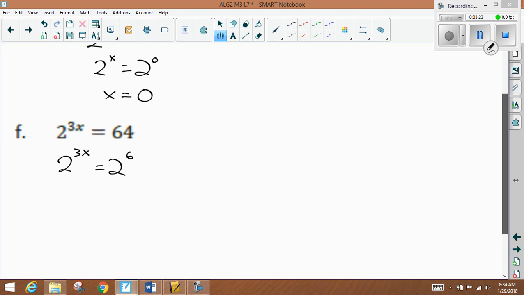My exponents need to be the same, right? So I need to say, hey, what value of x makes this equation true? Well, 2, right? And you can see that that's true when we go back into our original equation. Okay.